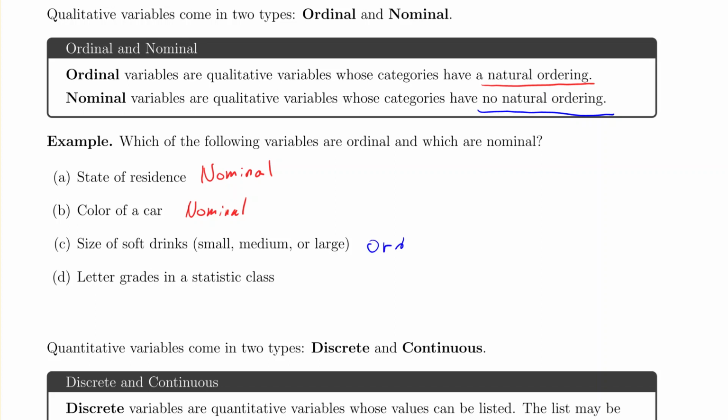Therefore, this is ordinal. Letter grades in the statistics class: A, B, C, D, F, or F, D, C, B, A, whichever we go first, highest to lowest, lowest to highest. There is a natural ordering in letter grades. Therefore, it's ordinal.